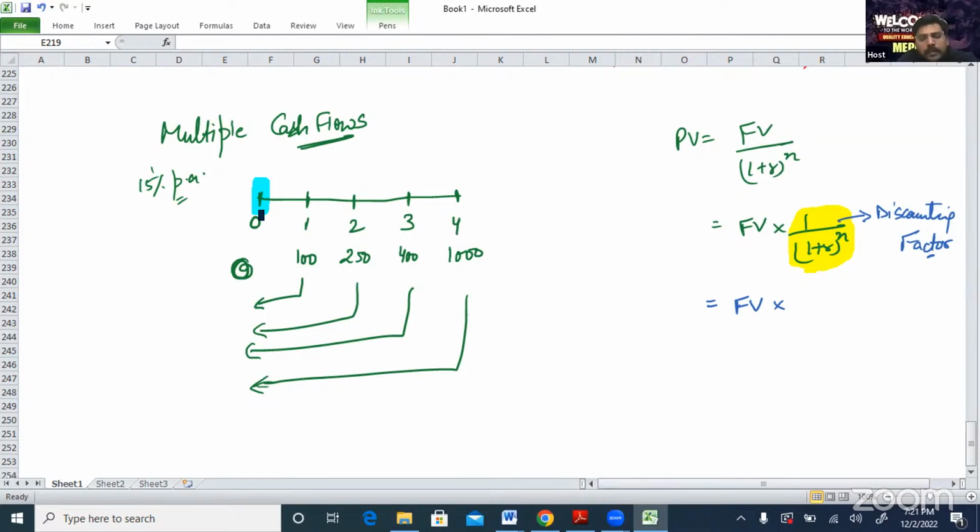As you press the down arrow key, you can see C01 is coming. Now it is asking for the cash flow at the end of period 1. So what is the cash flow at the end of period 1? That is 100. So I will put 100 and press enter. You can see as you press enter, an equals sign comes with C01.